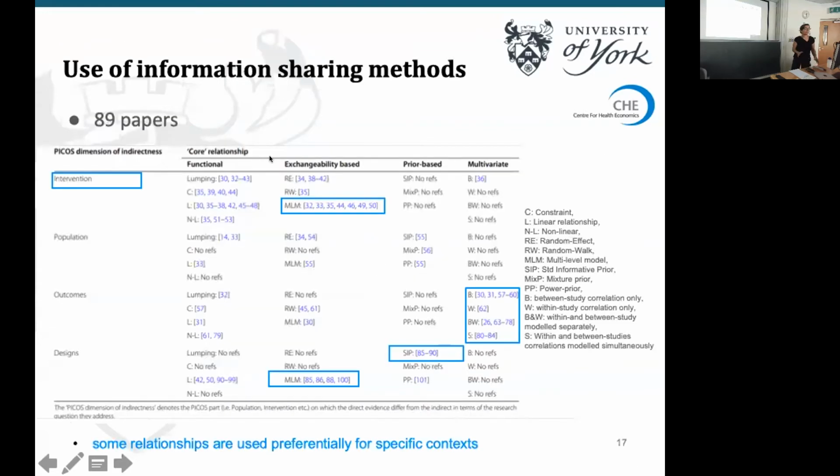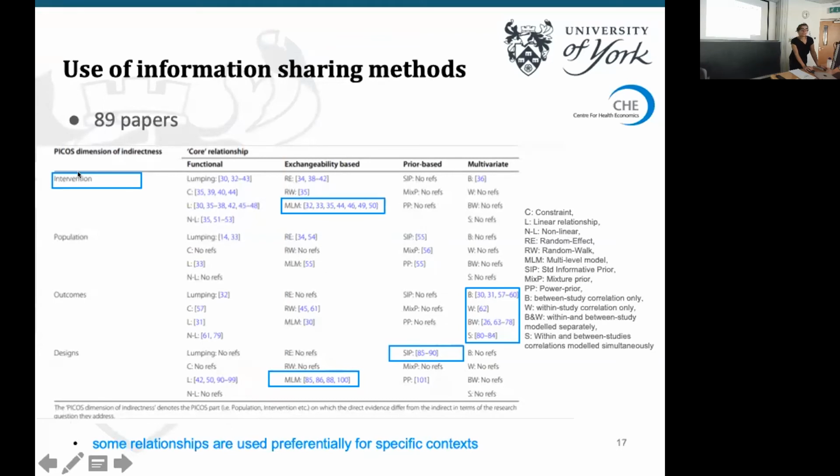I know those in the room can't see this table very well, but I'm not going to go through any of the details. What this table presents is the PICOS levels, so intervention, comparators, population, outcomes and designs, and the 4 core relationships: functional, exchangeability-based, prior-based, multivariate, and then the references that George found for each of the methods, the models within each of the core relationships.